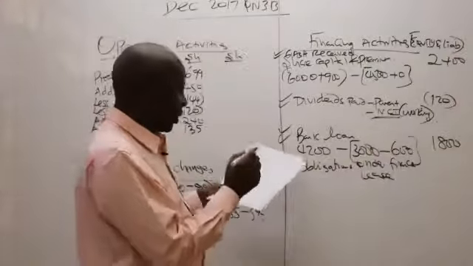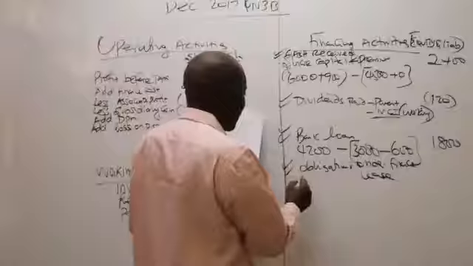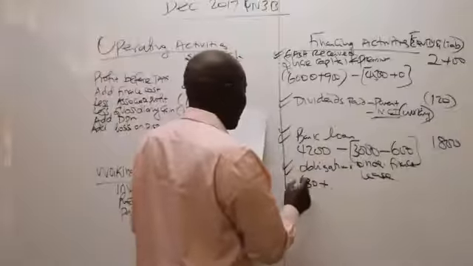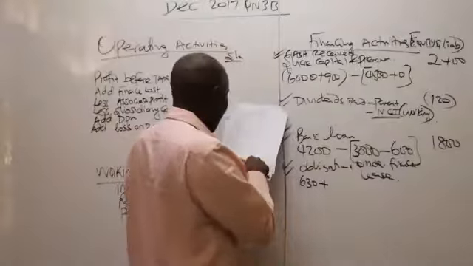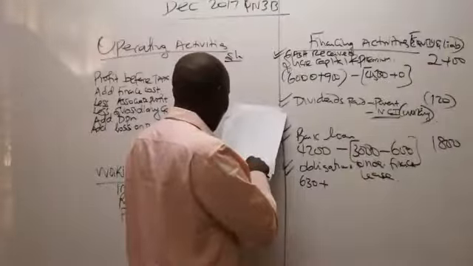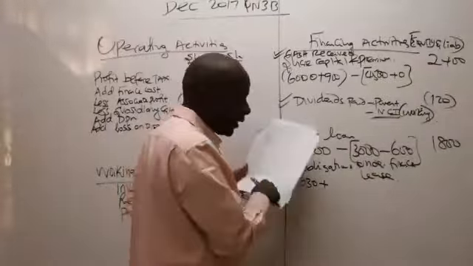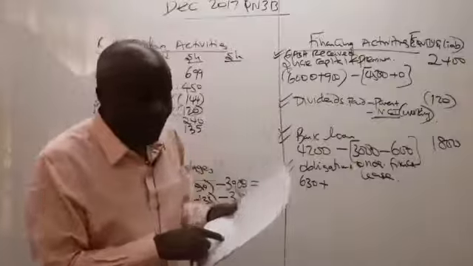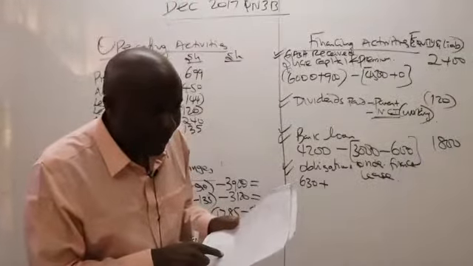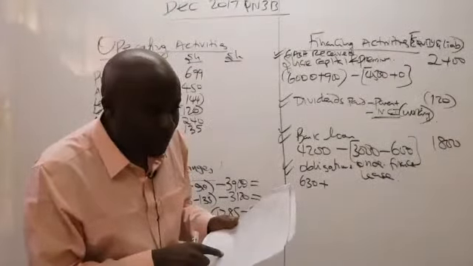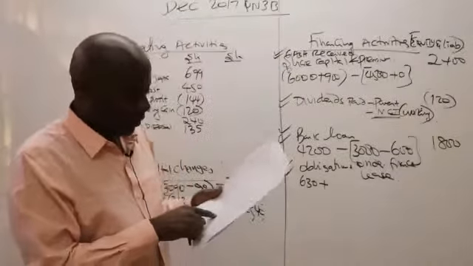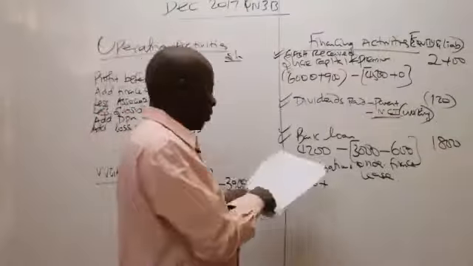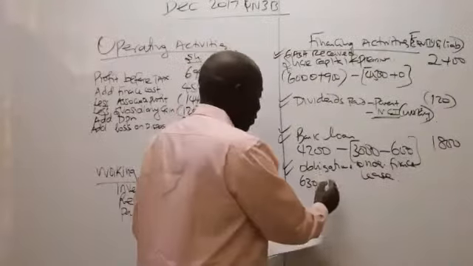Remember we start with closing. So I can see 630 plus the one under current, which I can see is 45.